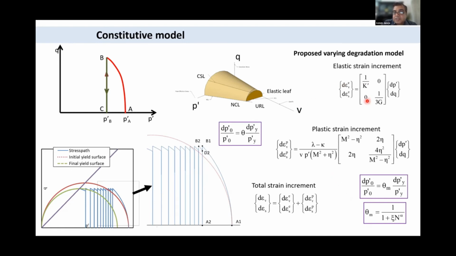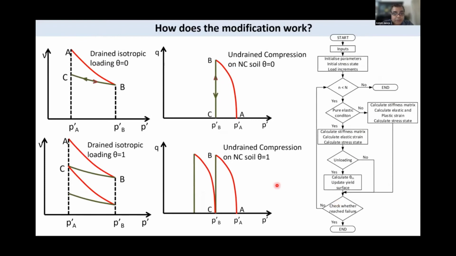Some of you will understand that elastic ones are your Hooke's law relationships, but the plastic strains we use are typically from associated flow rules. The idea is to look at whether we can have a degradation parameter this time, which can adjust the pre-consolidation pressure. So this is what we have done.